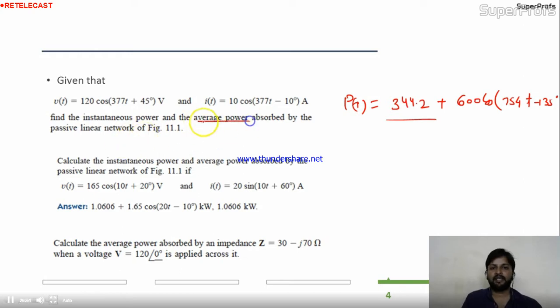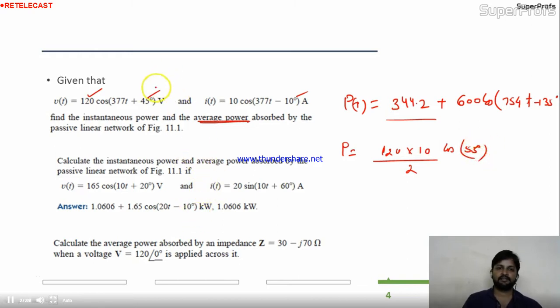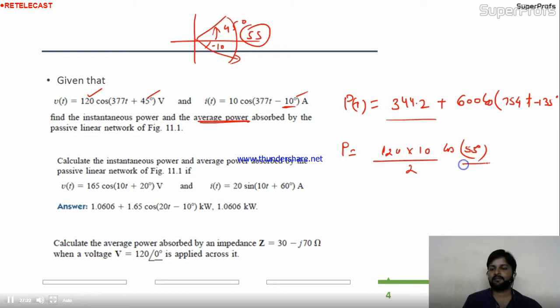But if we talk about the average power, it's very easy to calculate. Vm, the maximum value of the voltage, is 120, into current 10, divided by 2, cos of the angle between these two terms, 45 and minus 10, obviously it's 55 degrees.